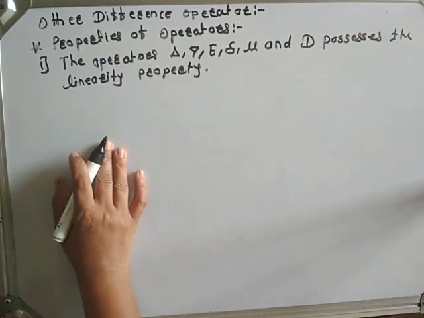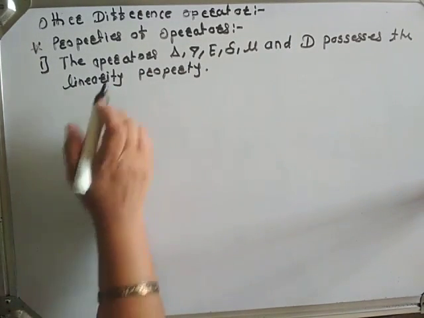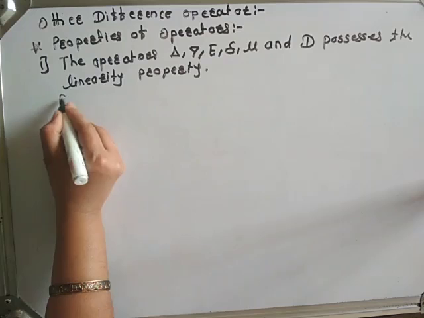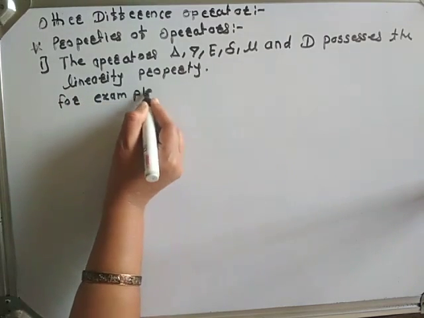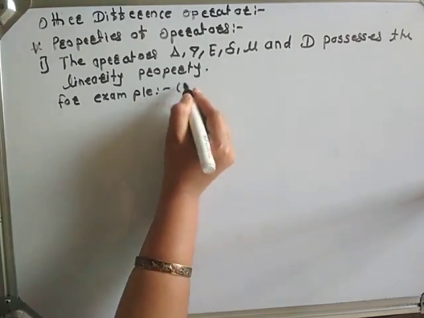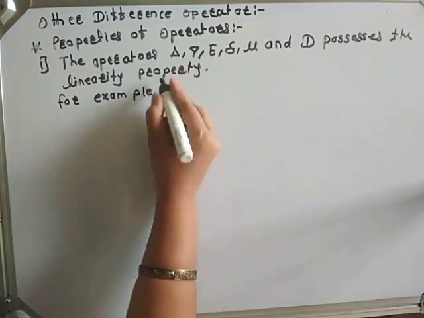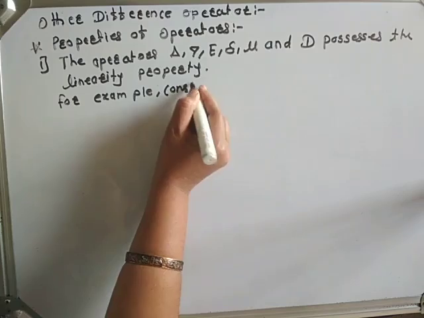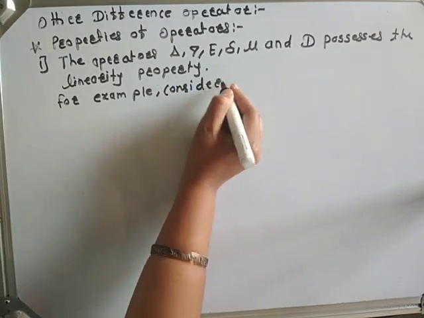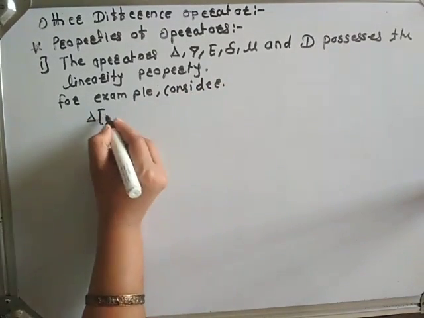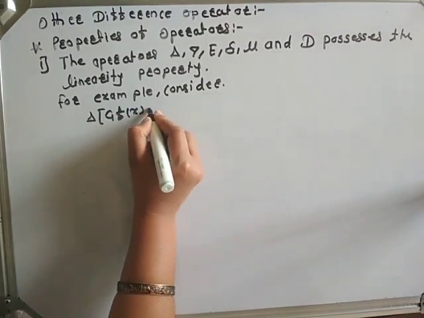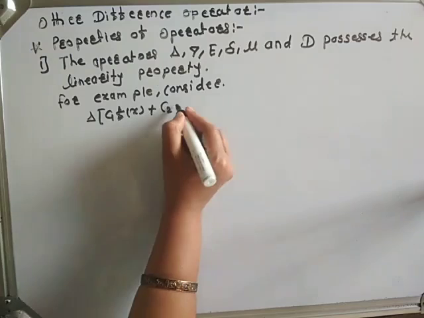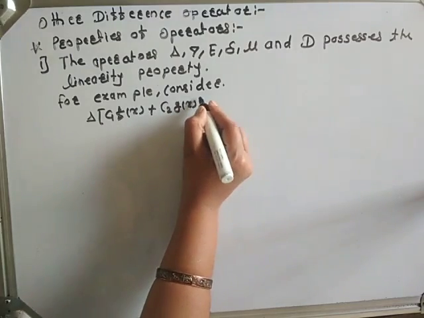First property is linear property. For example, consider delta of C1 f of x plus C2 g of x.